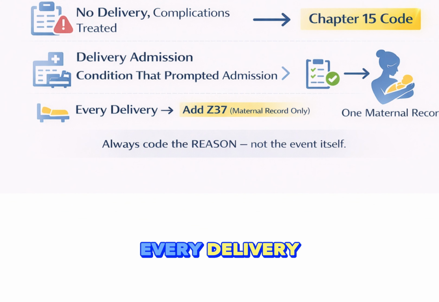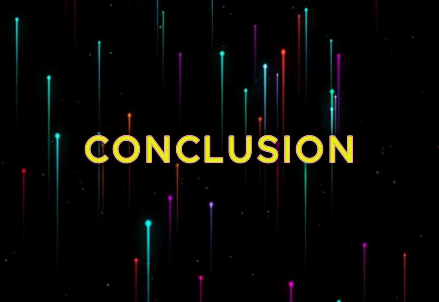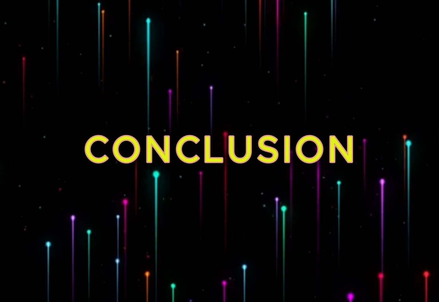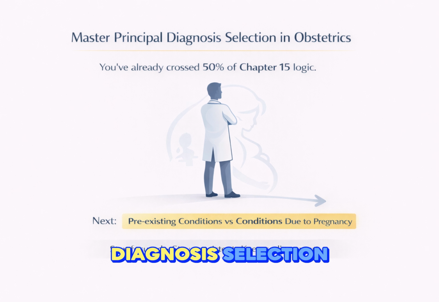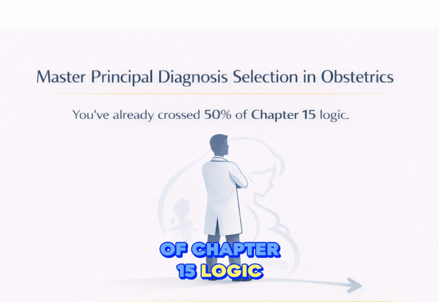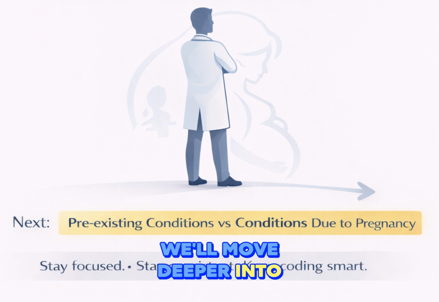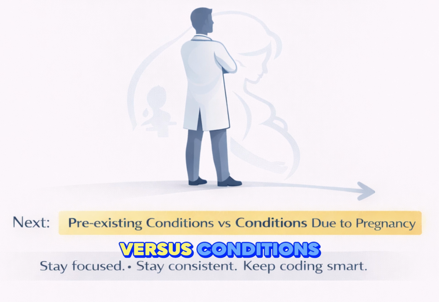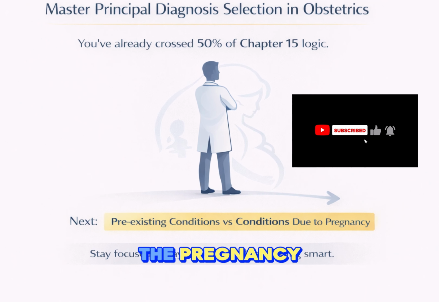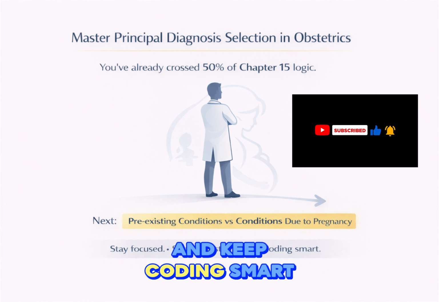Every delivery, add Z37 on the maternal record only. If you master principal diagnosis selection in obstetrics, you've already crossed 50% of Chapter 15 logic. In the next part of this series, we'll move deeper into pre-existing conditions versus conditions due to the pregnancy. Stay focused, stay consistent, and keep coding smart.